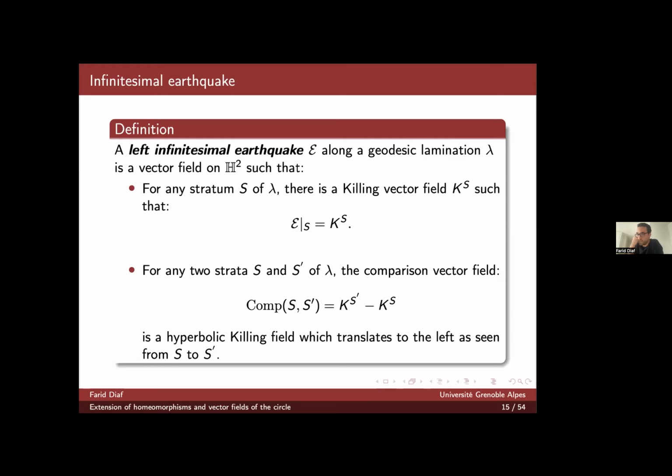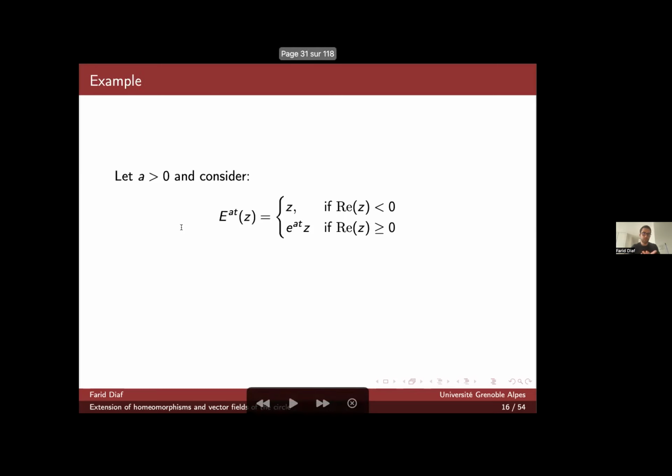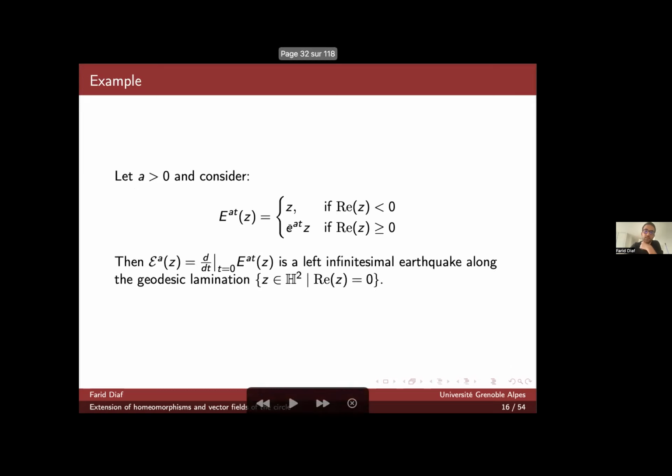Again, this is maybe not clear from this definition, but just to tell you that this map appears in different ways in the Teichmüller theory. Again, example: I just take the previous example, and I take the derivative with respect to t.